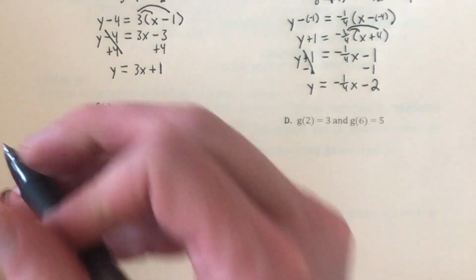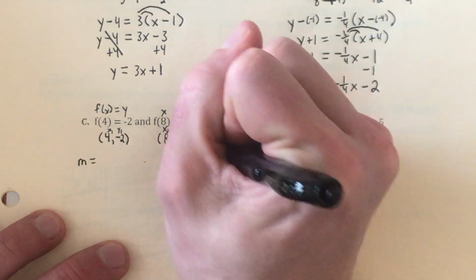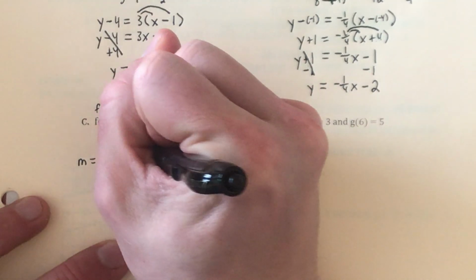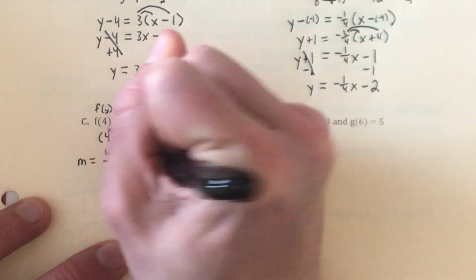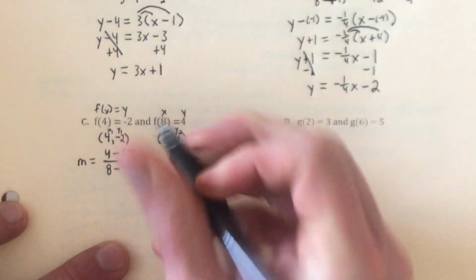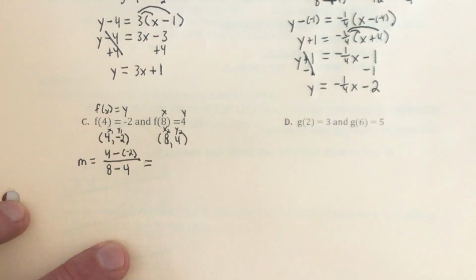Right, and I'm going to plug it into the slope formula. So m equals y2, which is 4, minus y1, which is -2, over x2, which is 8, minus x1, which is 4. Then I need to simplify it down.